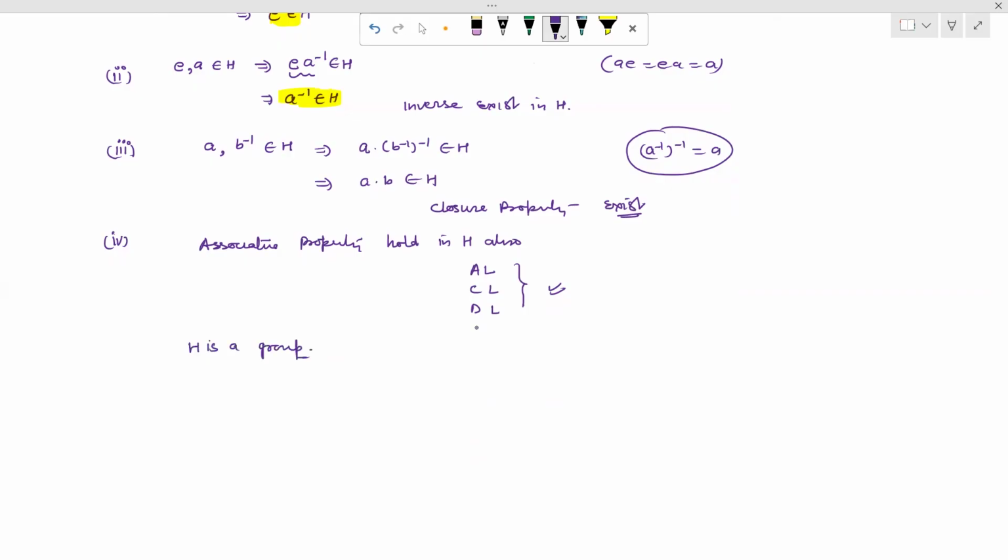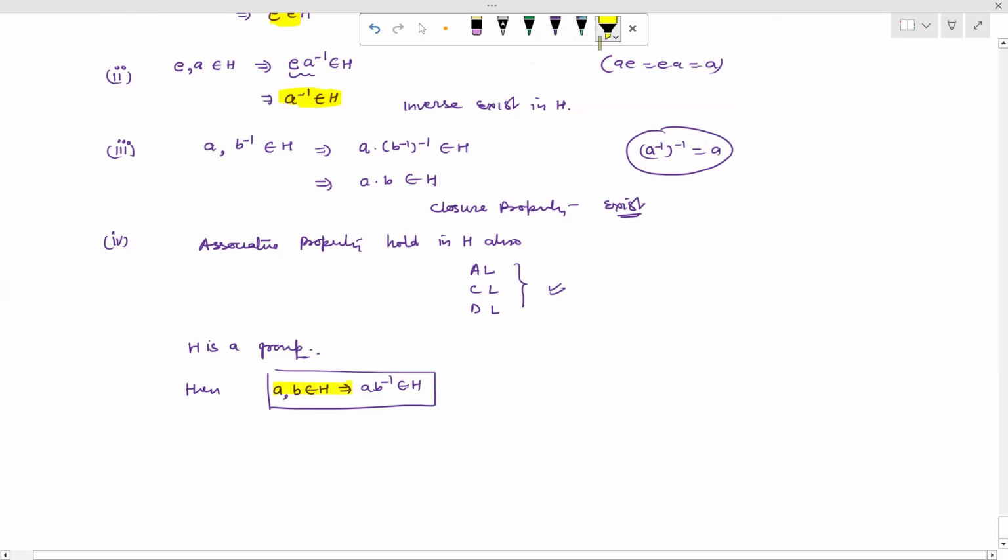Hence, if a, b belongs to H implies a b inverse belongs to H, then for proving subgroup we just prove this particular thing. There is no need to prove closure, associative, identity, and inverse separately. Just satisfy this property, then we can say that H is a subgroup of G.